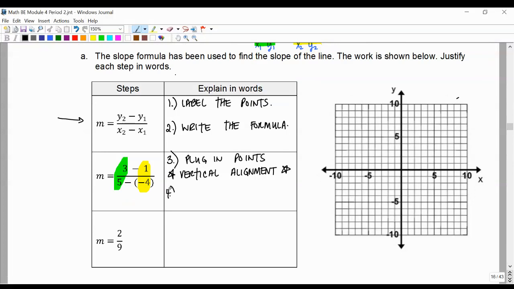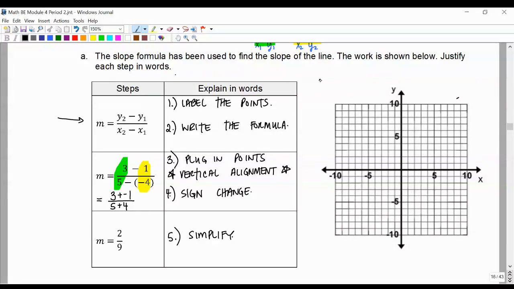Step 4 is sign change. So we'll put equals 3 plus negative 1 over 5 plus 4. That's the sign change for that problem. And then step 5 is just to simplify, use a calculator, and double check that your fraction is fully simplified.